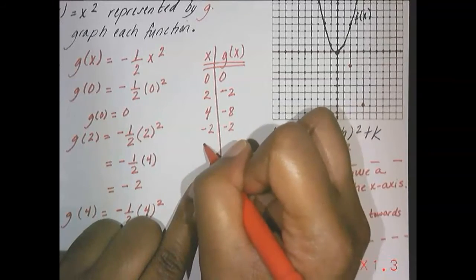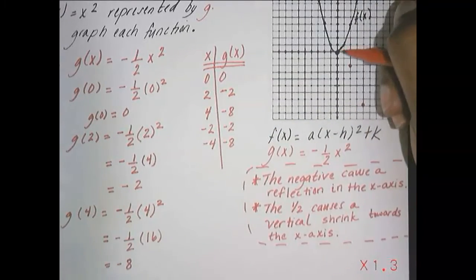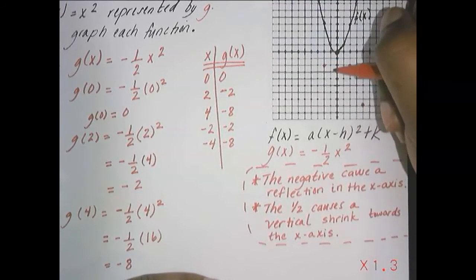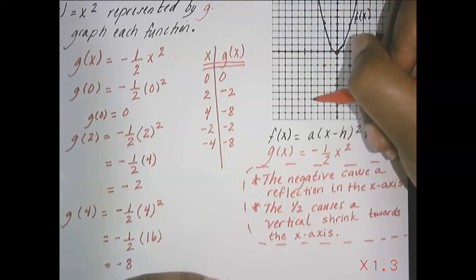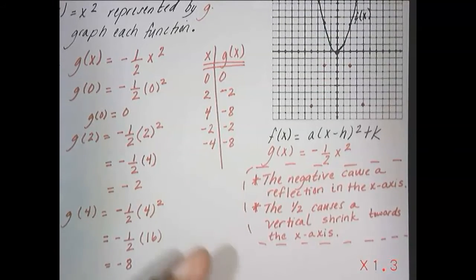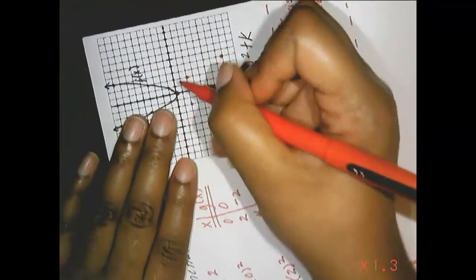If I let x be negative 4, I would get negative 8. The reason being is because we didn't shift this graph to the left or to the right, so it's going to have that same symmetry about the y-axis. So that is our reason for being able to duplicate those points.